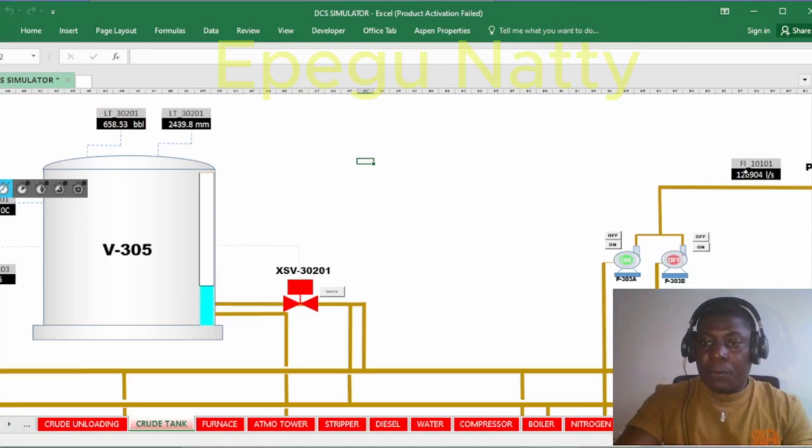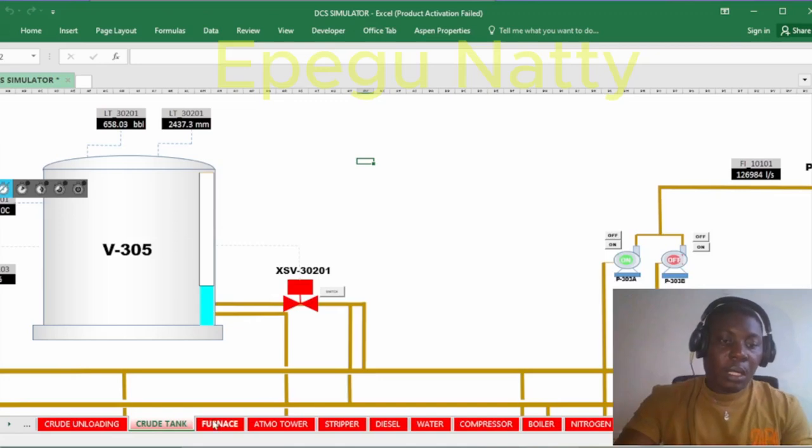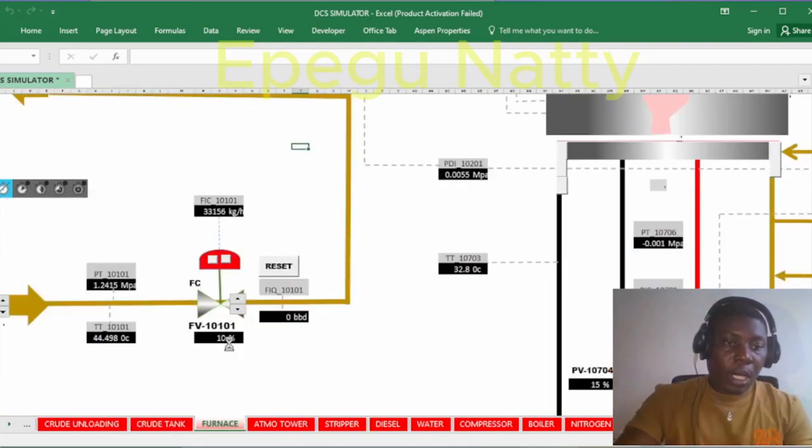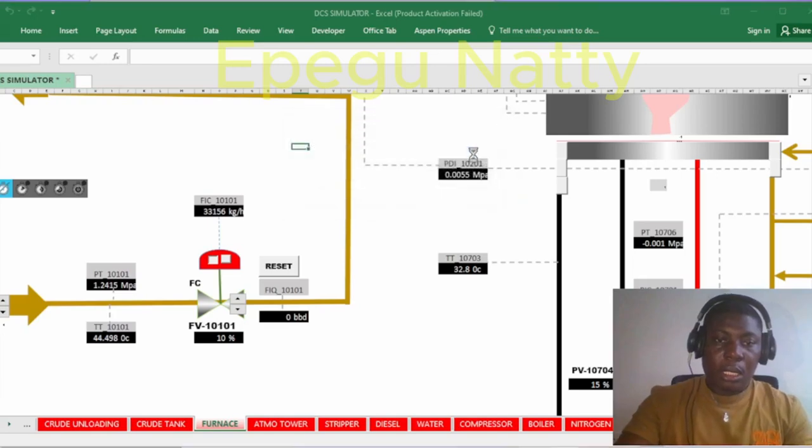Notice our FI flow indicator is also giving us our reading. We are at 10%, so I will take it up again. Let's go to 60 and click OK, and you see our level has gone up again.